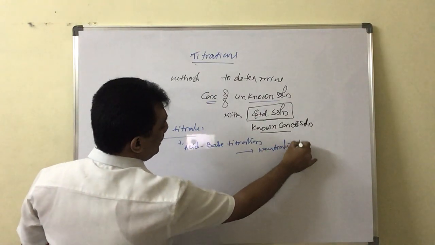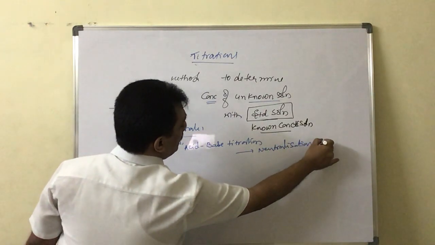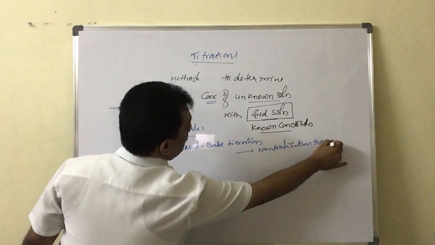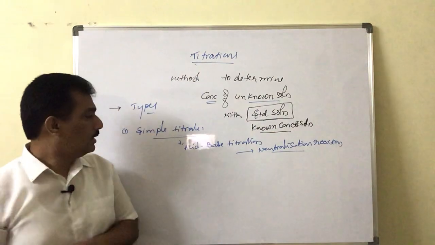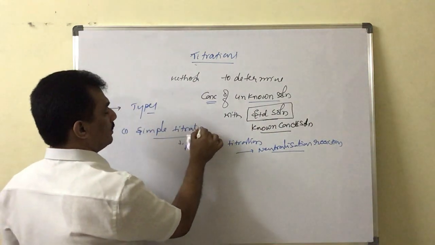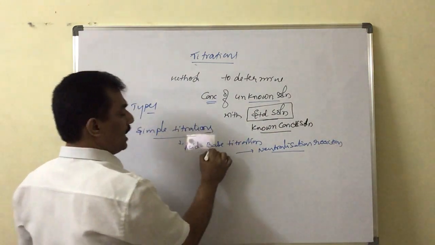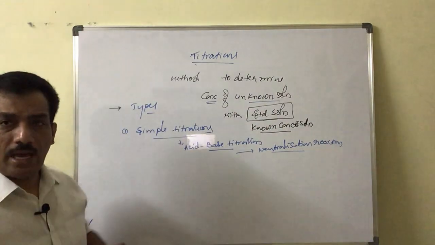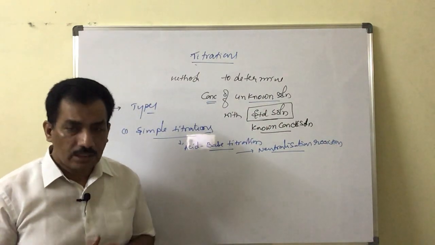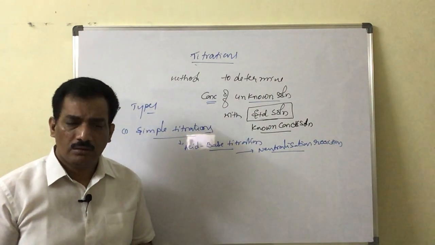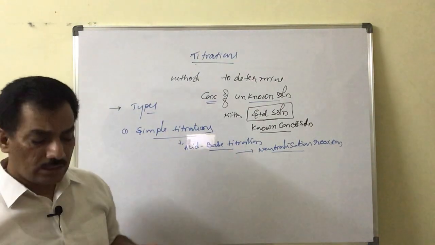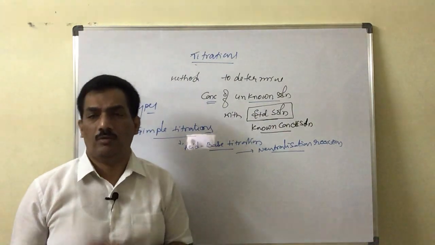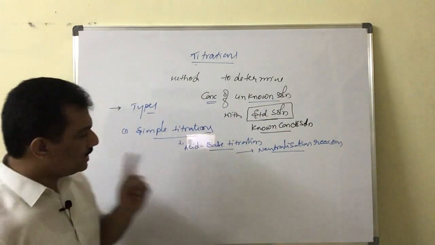These are the different terms we use in the titration process. Simple titrations, best example: acid base titration. When acid and base react with each other, we know it is neutralization, where the acid and base on reaction give salt and water. So that is the best example.